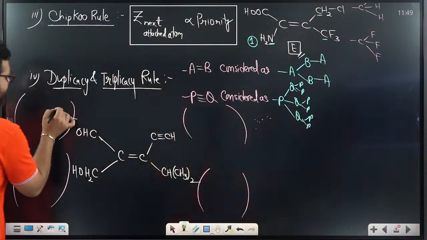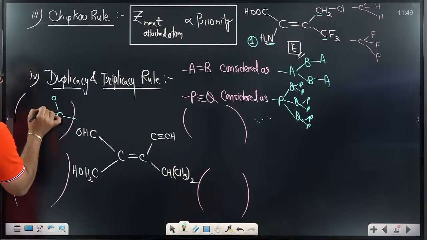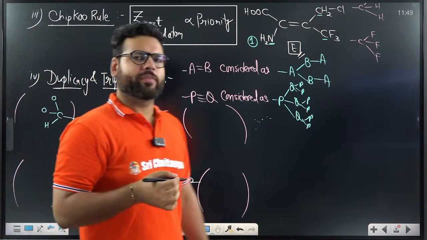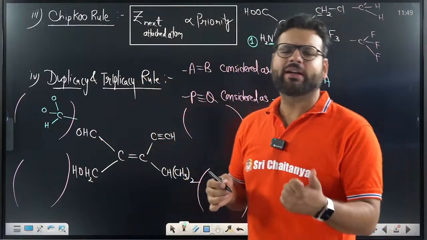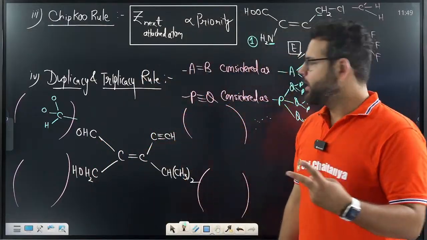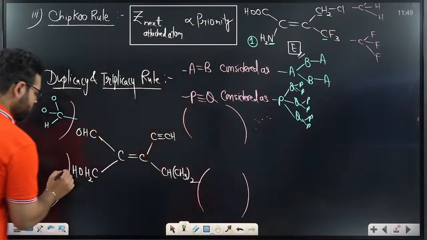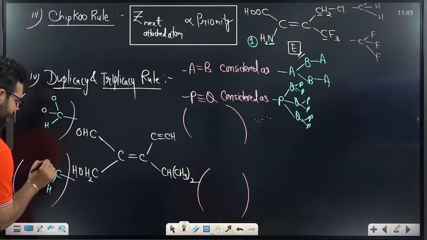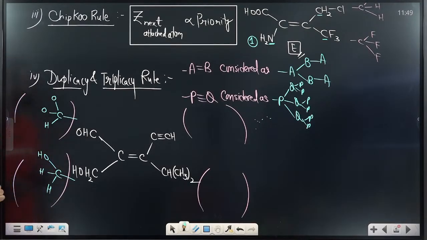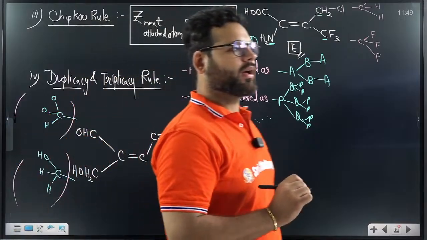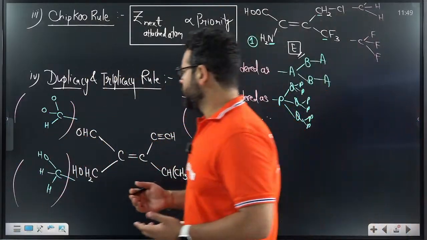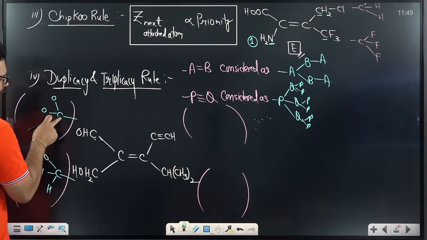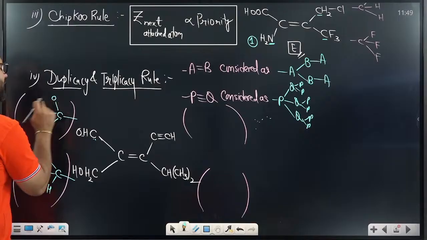So this carbon is attached to two separate O's, I can think, and one hydrogen, because this is C double bond OH. So this carbon is not attached to one oxygen, it is actually attached to two oxygens. On this side, it is CH2OH, means this carbon is attached to two hydrogens and one OH, which is alcohol. Correct? This is how I can open it. This is C double bond O, and a H, aldehyde. So carbon is attached to one hydrogen and two separate oxygens.